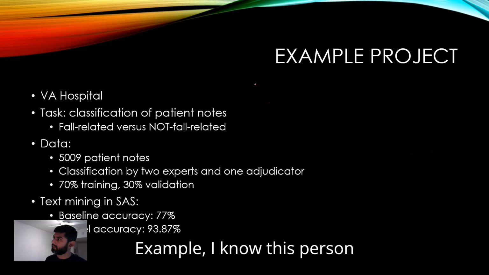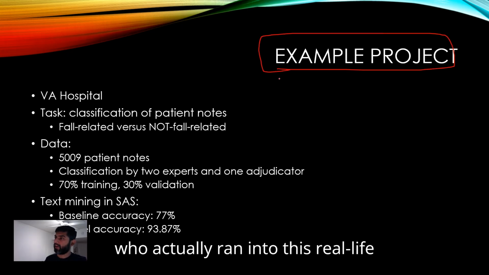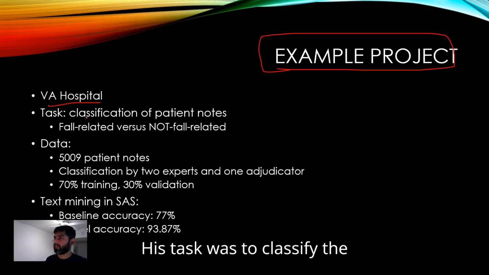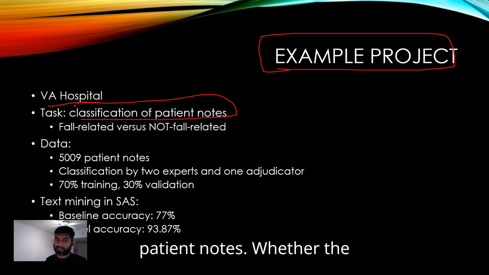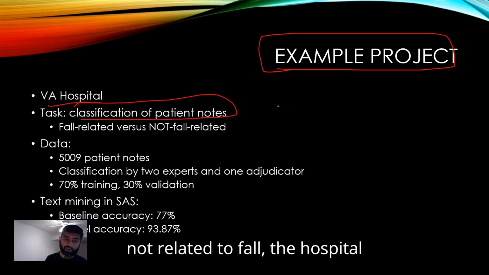For example, I know this person who actually ran into this real life example at a VA hospital. His task was to classify patient notes, whether the injuries are related to a fall or not.